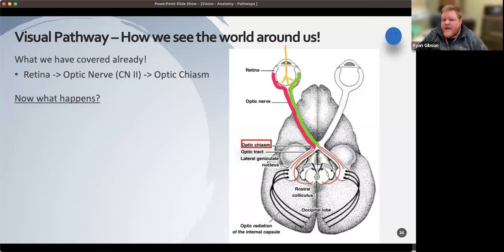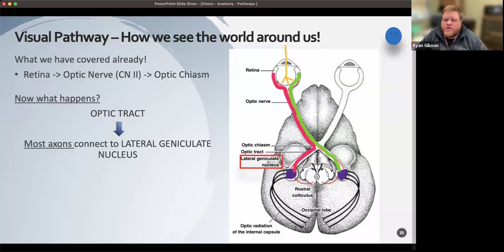Both of those axons now will travel to the respective lateral geniculate nucleus that they're supposed to go to. So the majority of fibers from our left eye here are going to the right geniculate nucleus. 25% are staying on the left side and going to the left lateral geniculate nucleus.